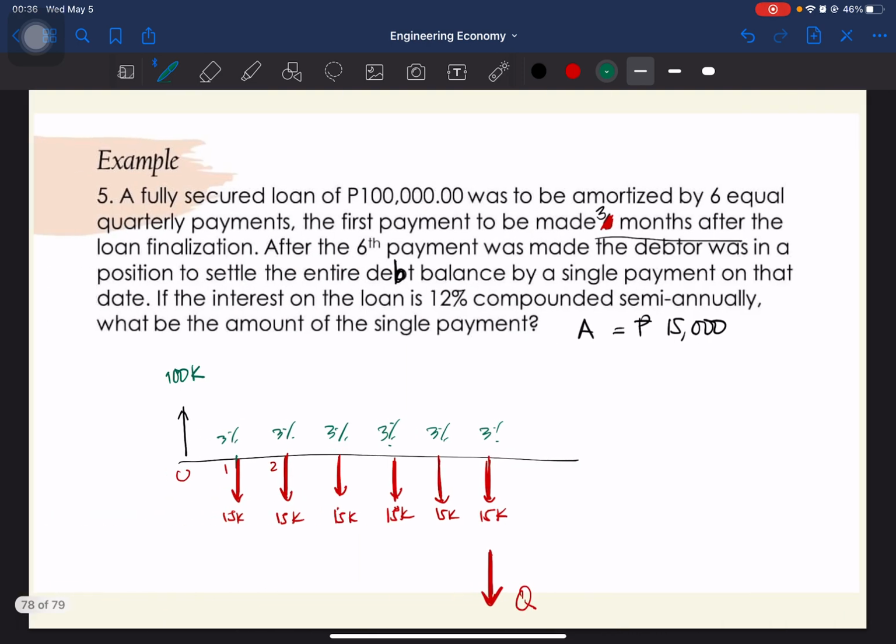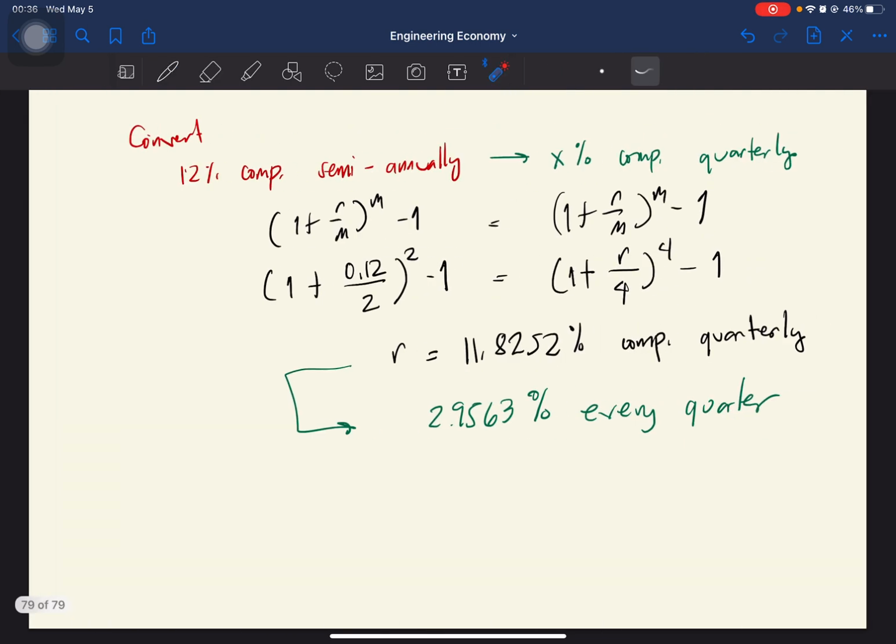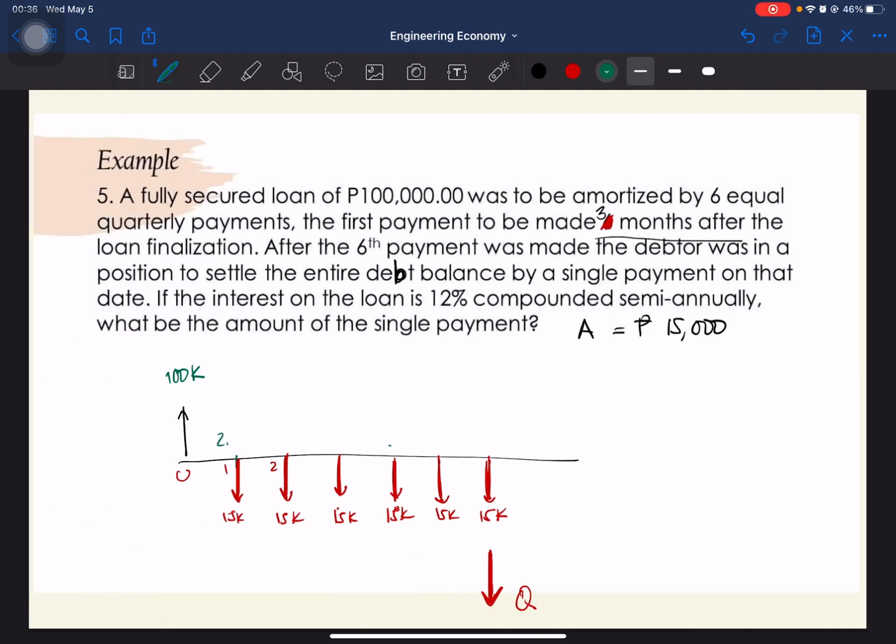Okay, yung ilalagay natin dito. Hindi 3. Okay, this is wrong. Okay, kailangan i-convert mo muna, hindi dire-diretsong gagamitin mo, ha? So that's 2.9563 every term. Okay? So, yun. That's it.